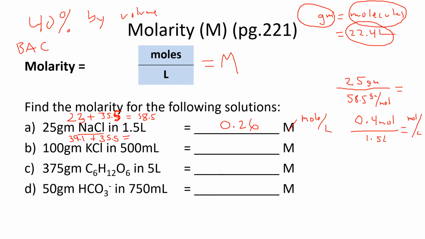That means we can find the atomic mass of potassium chloride.